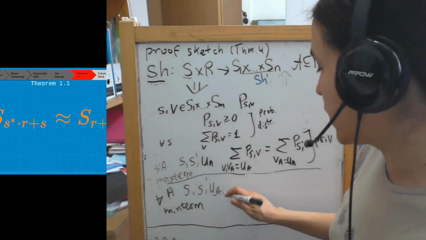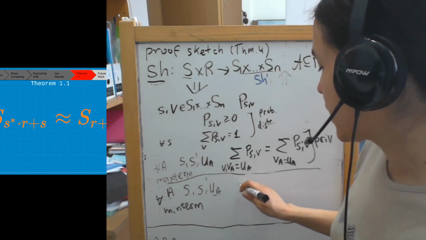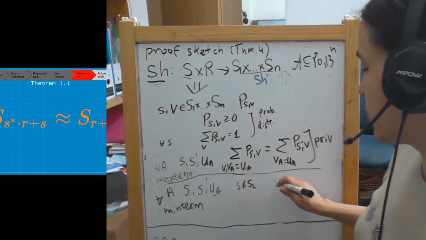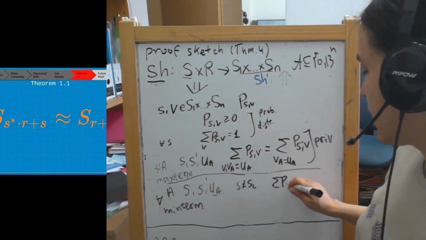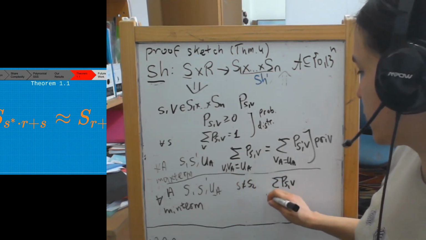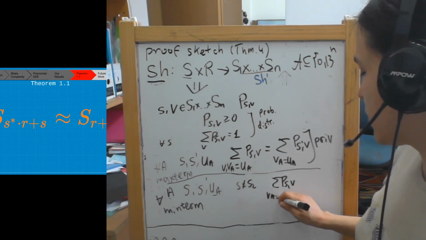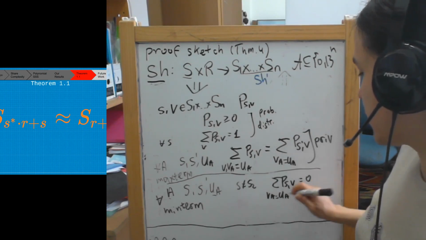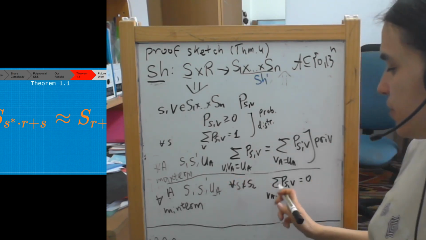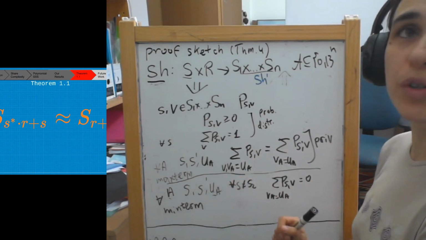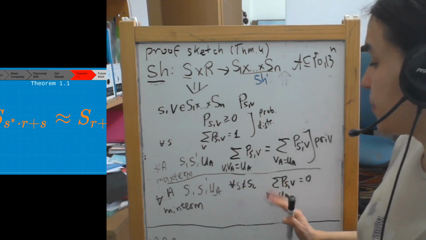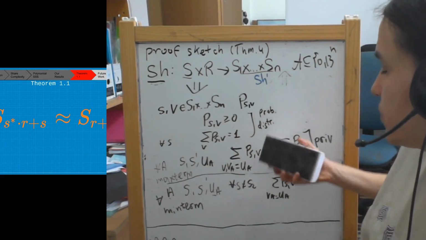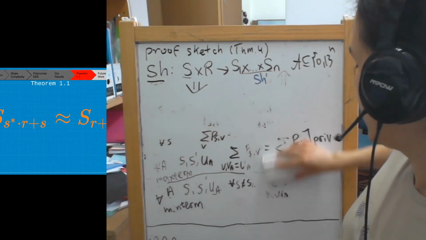So for U_A, for instance, if all S which are not some S2 have zeros, then let us require that P_S,V for all V's such that V_A equals U_A is 0. We'll have such a constraint for every S which is not S2. Great. So now we are sure there is a solution.